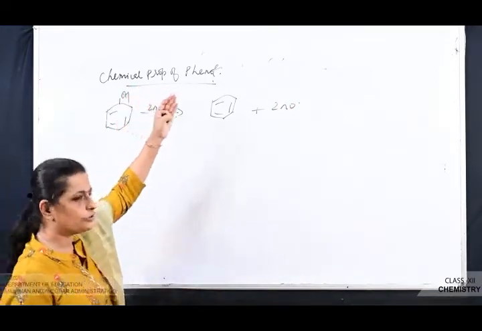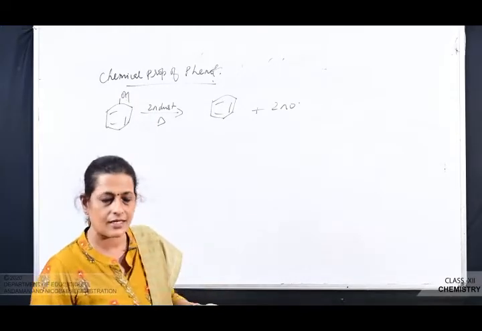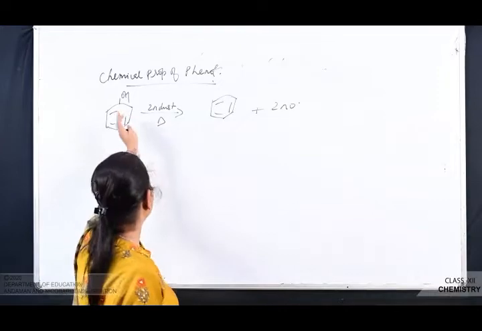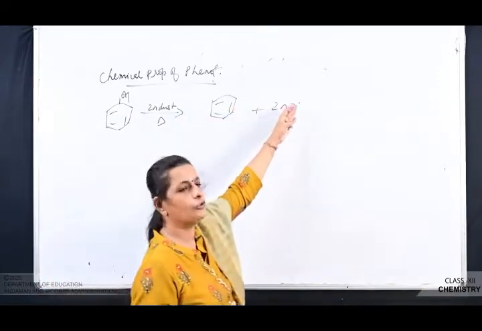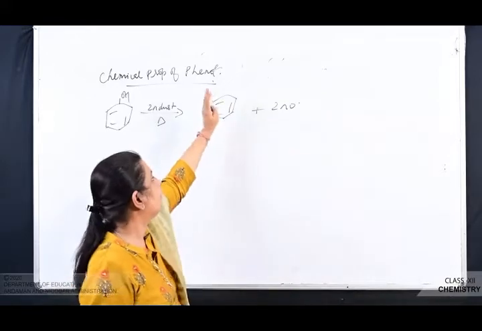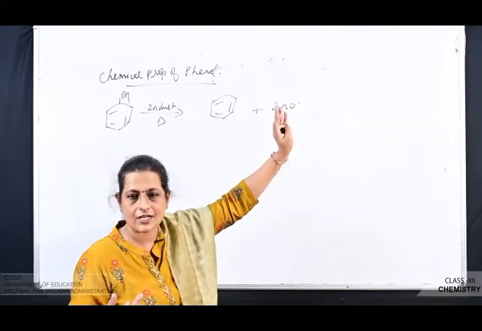Phenol can be converted to toluene, phenol can be converted to acetophenone, phenol can be converted to chlorobenzene. Because phenol first when heated with zinc dust gives you benzene, benzene can be converted to any haloarene, then benzene can be converted to alkyl benzene by Friedel-Crafts reaction.